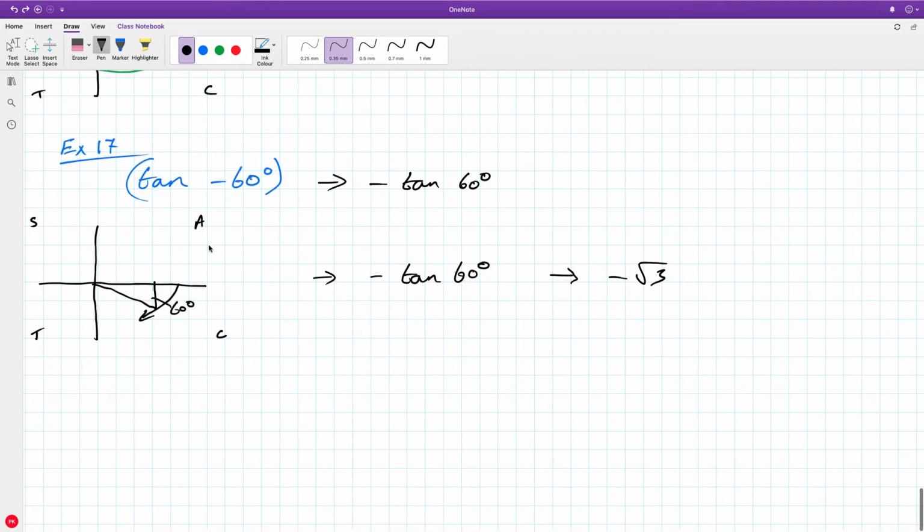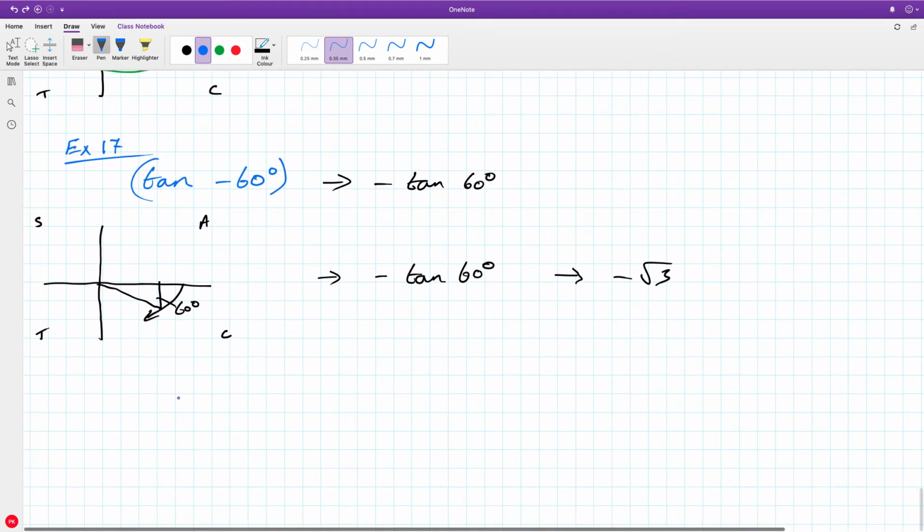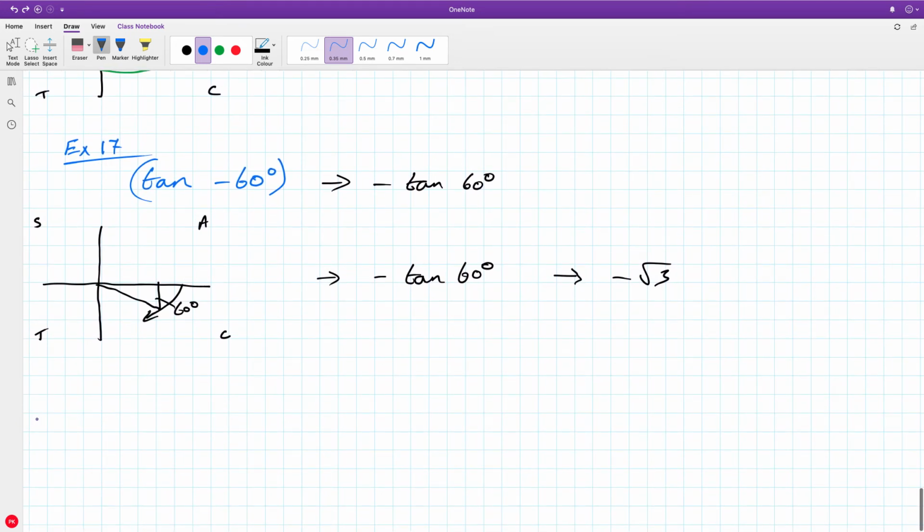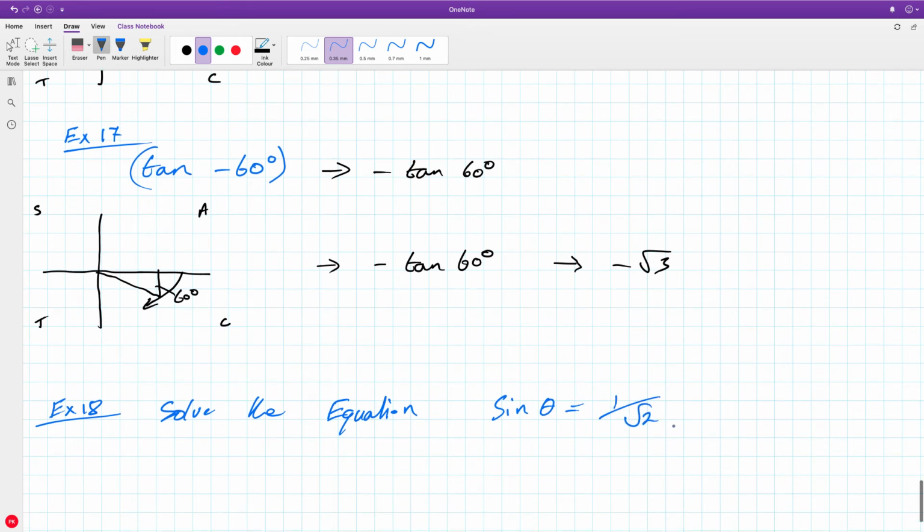Right. Unit circle equations. Let's look at them. Do them in degrees, then we look at them in rads. Solve the equation. The sine of theta is equal to 1 over root 2.